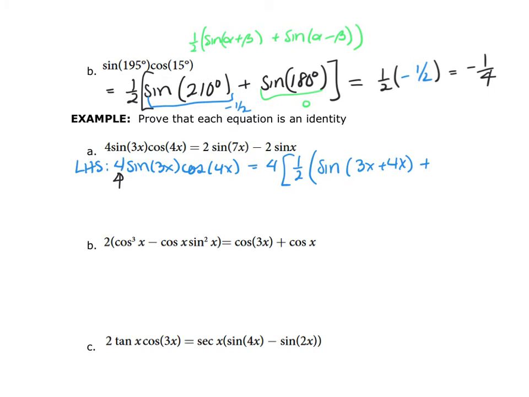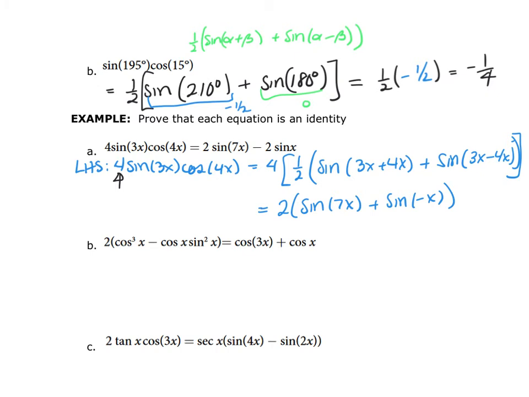So it's going to be plus the sine of 3x minus 4x. And clearly the 4 times the 1/2 gives me just 2. The sine of 7x, and then plus the sine of negative x.